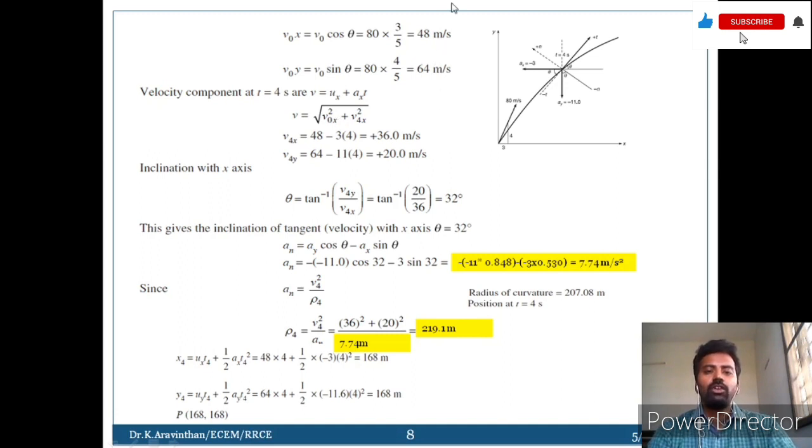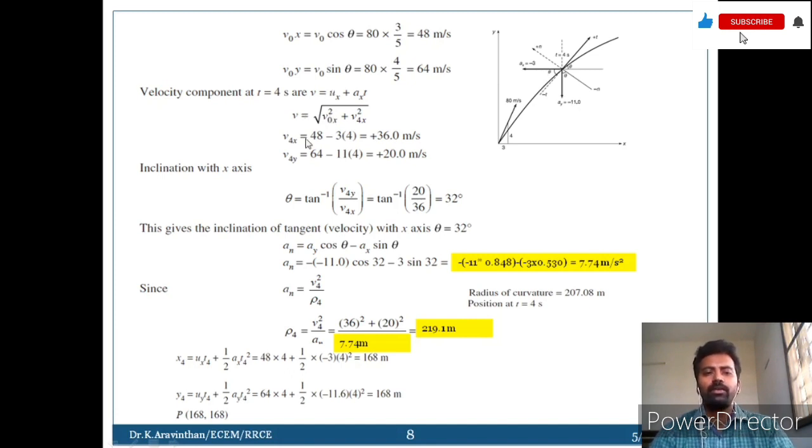After finding the initial components, what we need is the distance traveled by the particle in 4 seconds. So for finding distance, let us first find the velocity first. So for finding velocity, let us use v equal to u plus at. Why? Because we know the initial velocity, and acceleration here is given as the horizontal acceleration is -3 and vertical acceleration is -11.